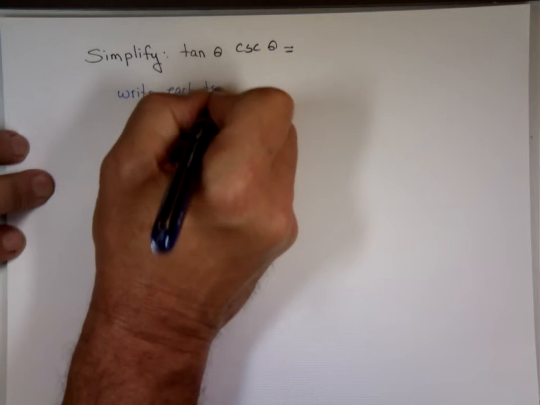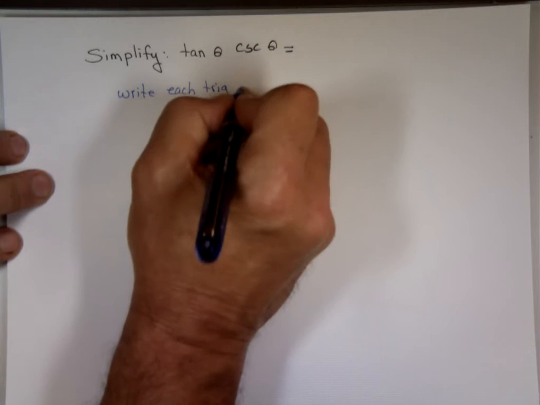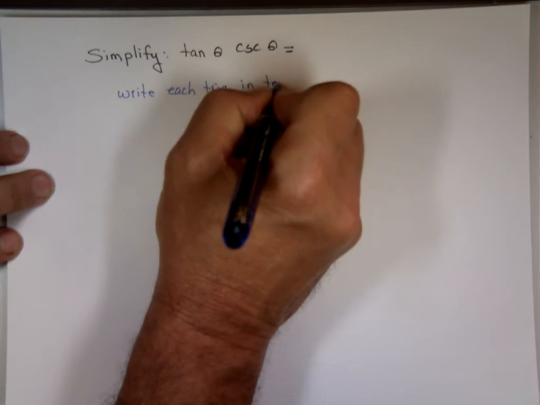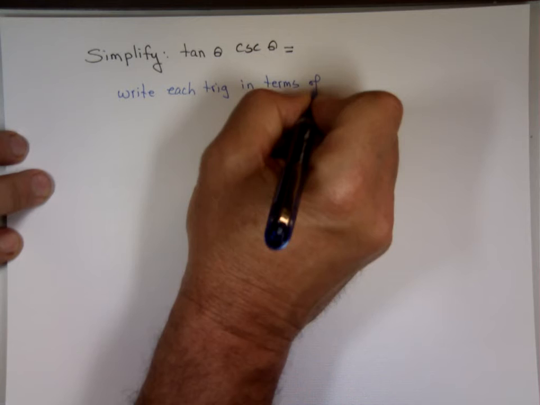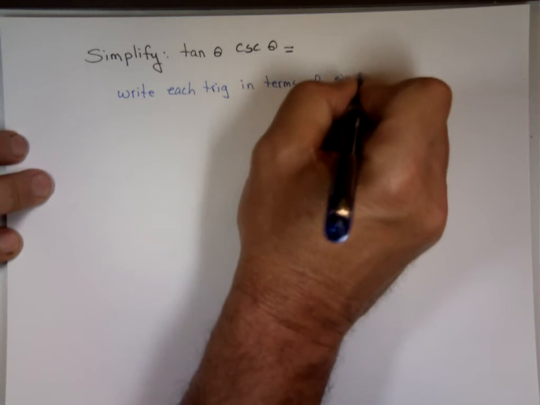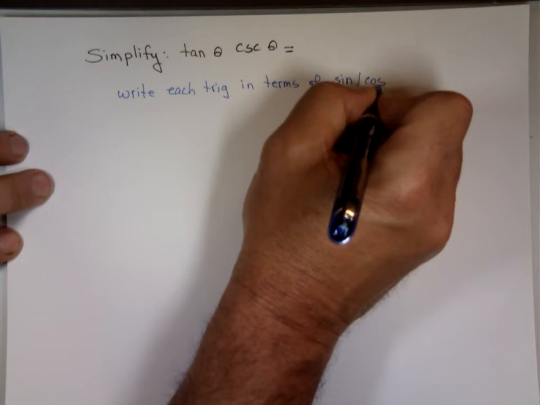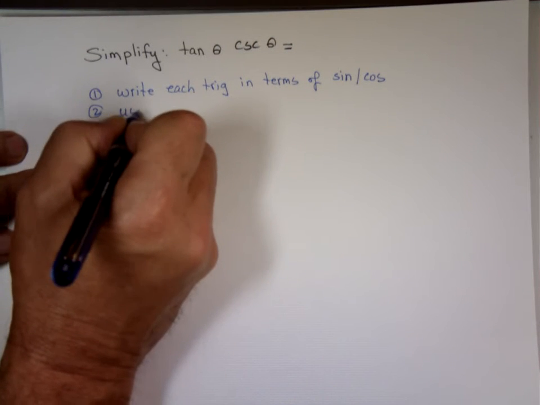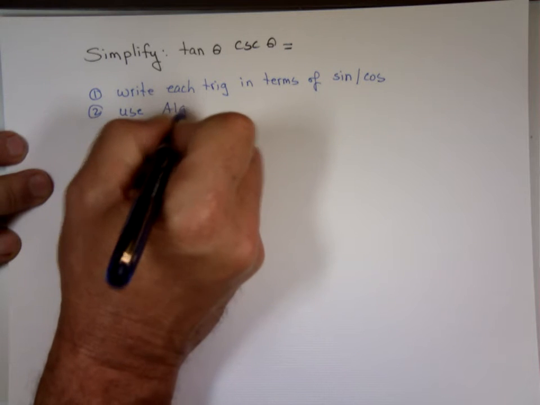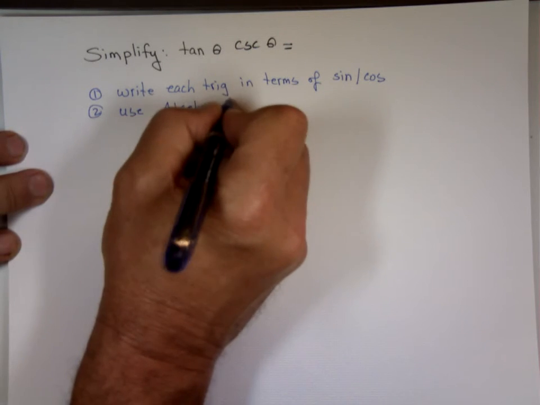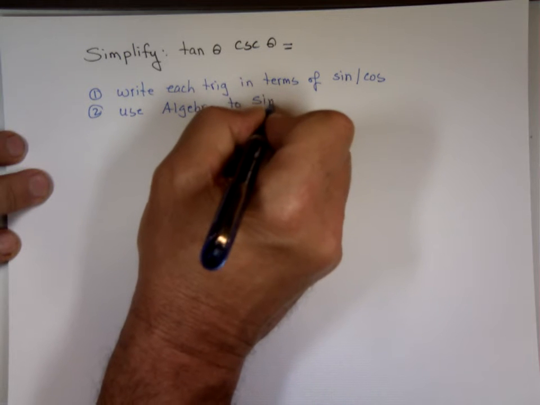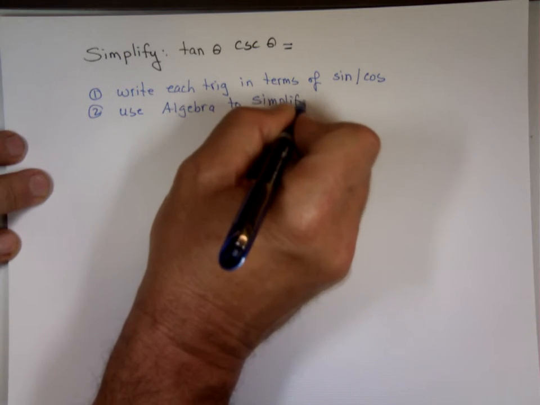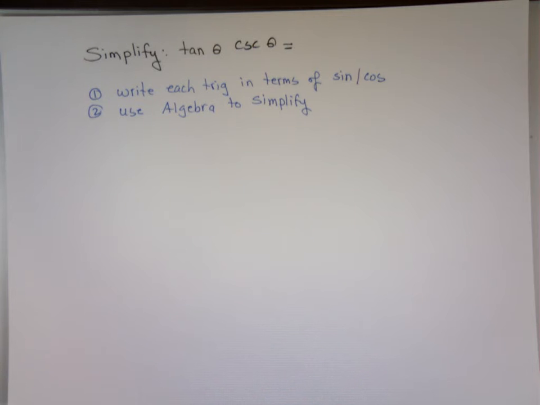I find that's the easiest way. That's the first step. In the second step, use algebra to simplify your answer. And once in a while, I deviate from that method. You'll see an example later. But that's what I do with every single one.